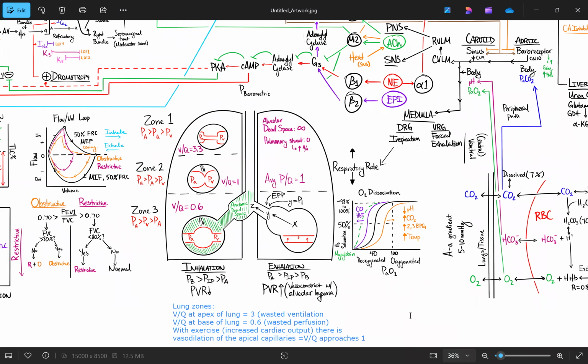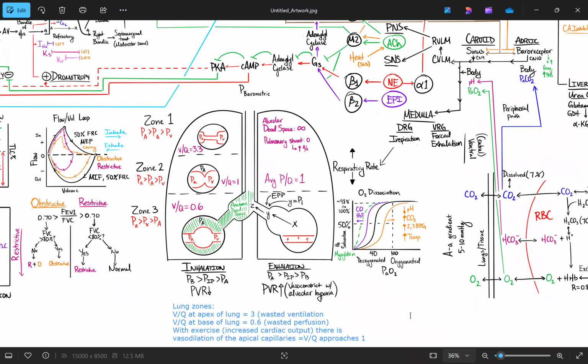You're going to learn a lot more about this, like tetralogy of Fallot, where you have blood going to other parts of your heart instead of to your lungs. You're basically going to have no perfusion but all the ventilation, and therefore it's going to be near infinite because the bottom denominator will basically be nil.